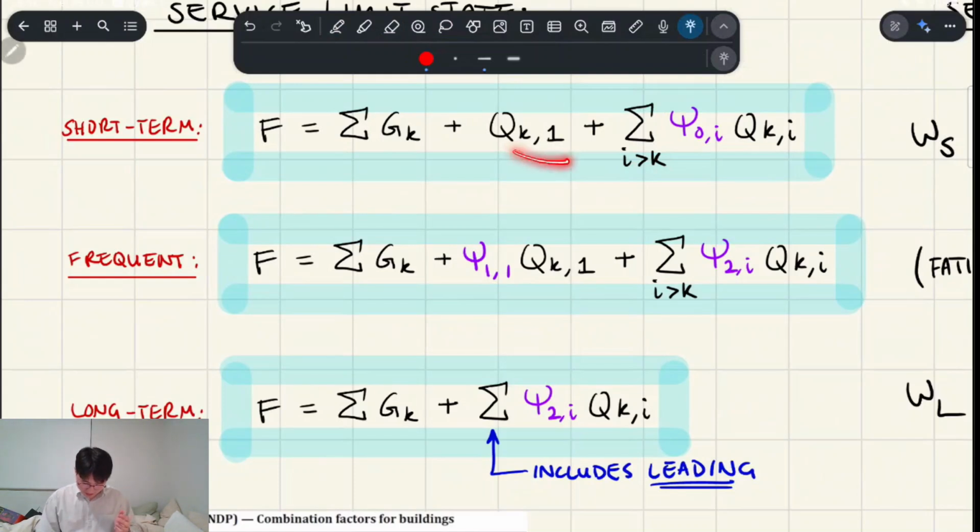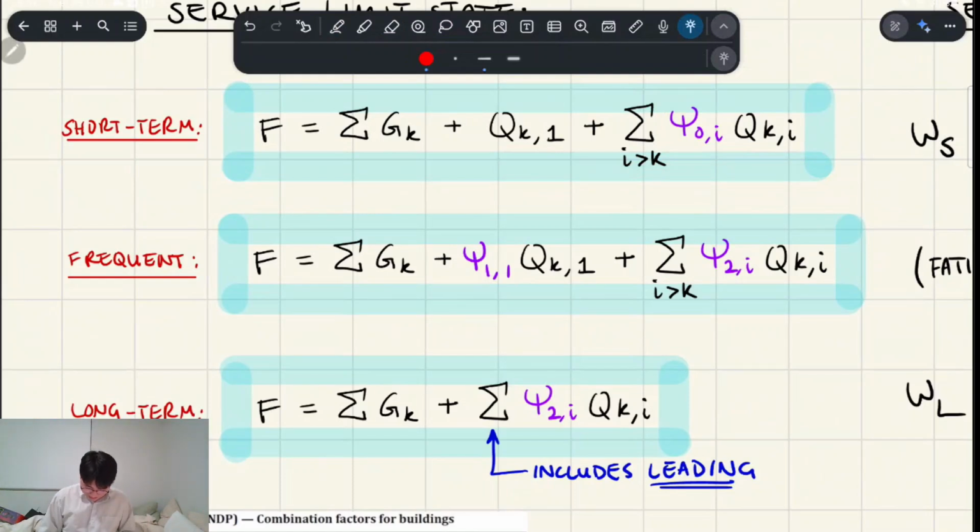So your leading one is the 1, and then you have case 2, 3, 4, 5, etc. as your sum, right? What that means is if you've got live load, snow load, wind load, etc., everything that's not your leading case, right?